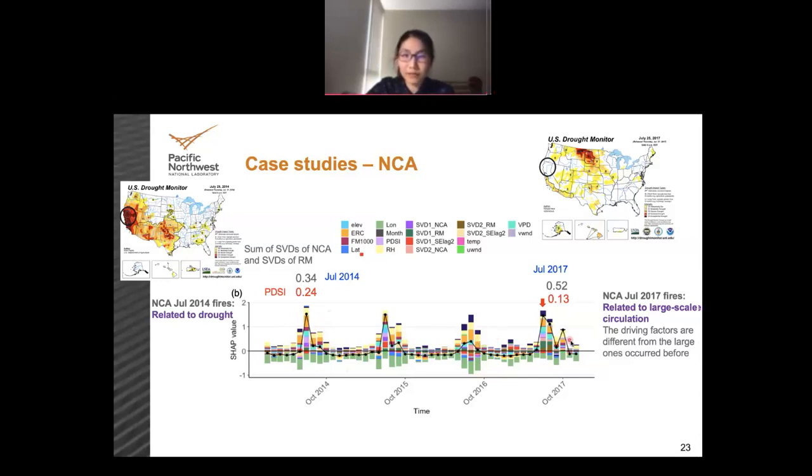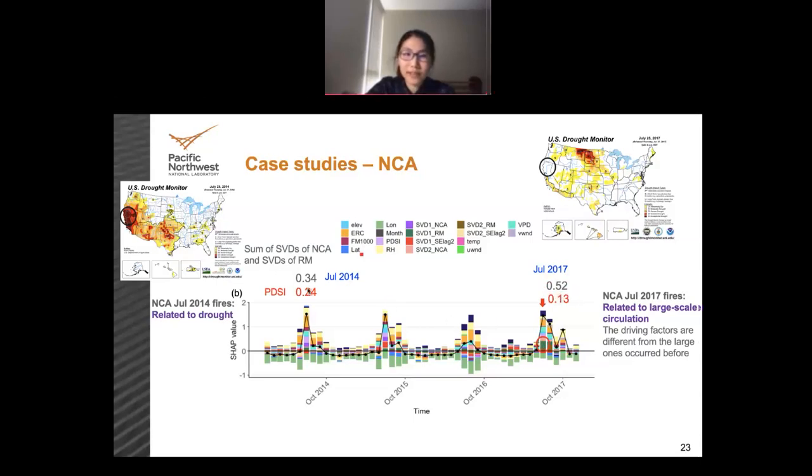Here we have an example in 2017 and 2014. We see that for 2017, the fires are mainly caused by the large-scale circulation pattern. You can see the greenish color, the SVD, and the pinkish color over here. And their combined contribution is 0.52.